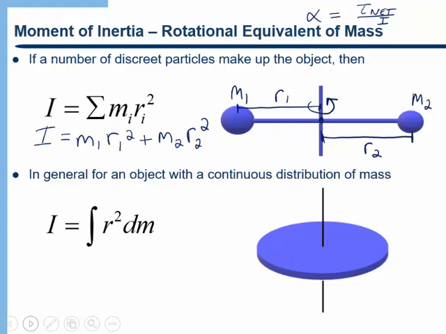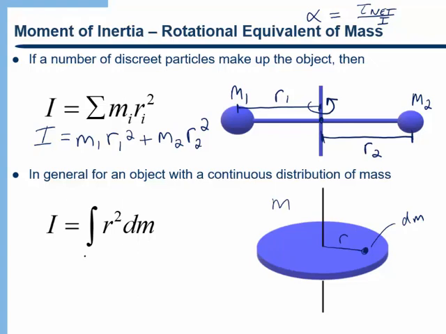What that integral is saying is, think of this continuous mass m as being broken into tiny little pieces of mass dm. If I could take that little piece of the disk and figure out its distance from the rotation point and square it, that would be that little piece of mass's contribution to the moment of inertia.